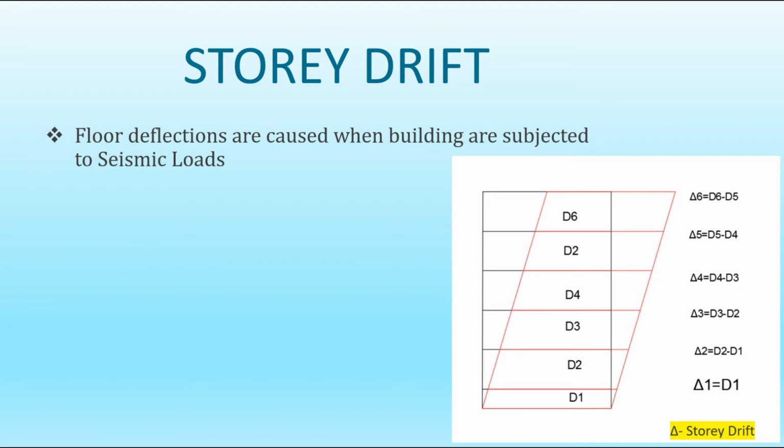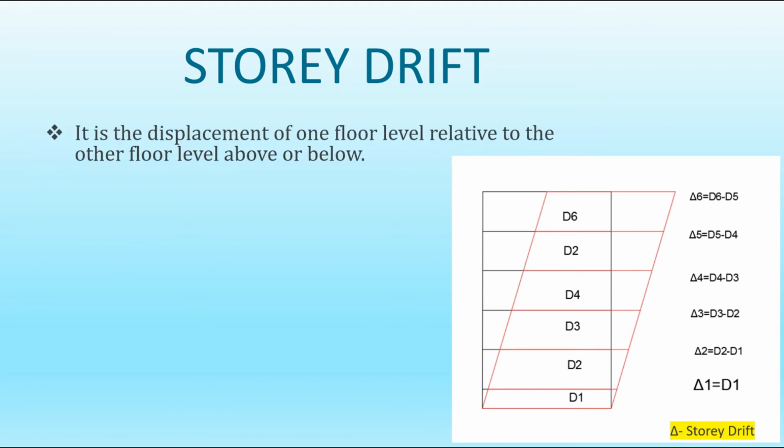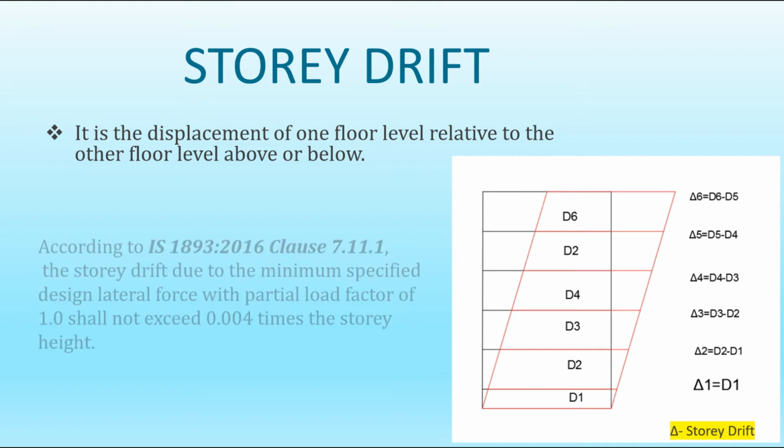Floor deflections are caused when buildings are subjected to seismic load. Story drift is the displacement of one floor level relative to another floor level below or above it. Here the delta represents the story drift value and D represents the displacement of floors.